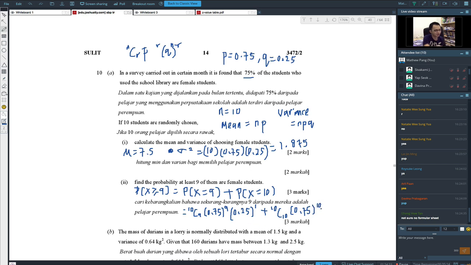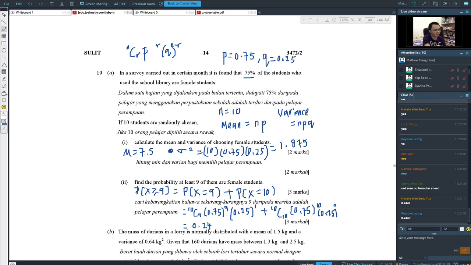Power of 0 you just get 1 and then you just sum them up together. I hope the answer for Natalie is correct, so it will be 0.244. I think it should be. This one is just pressing the calculator, it's nothing very hard.